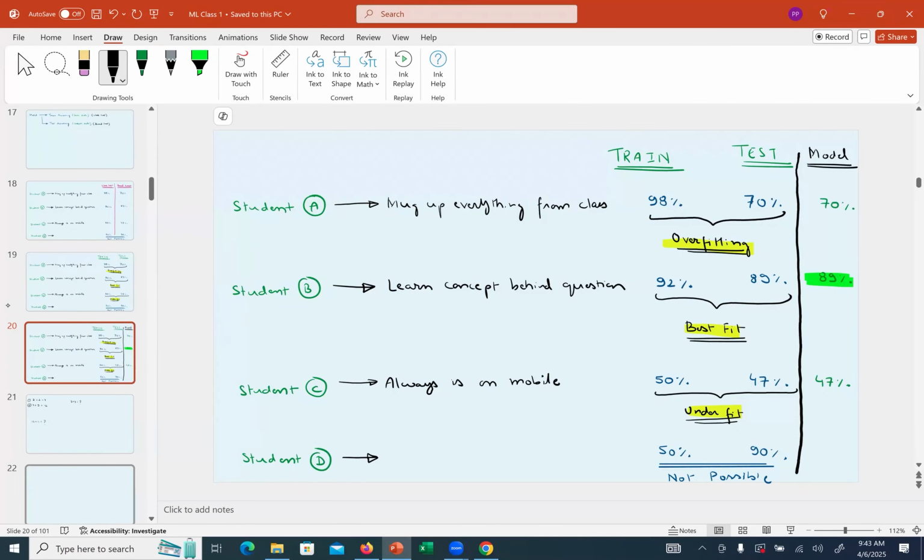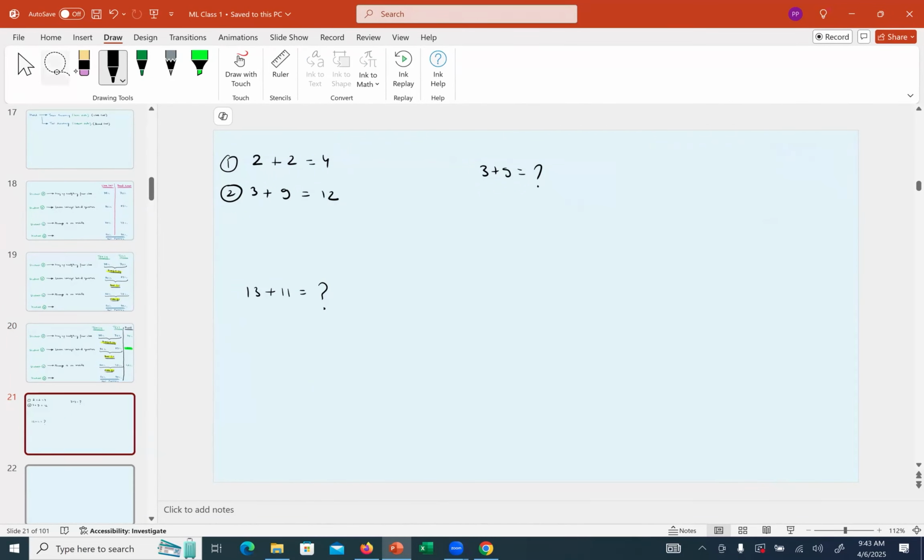Okay, now another question. Let's say I'm working on some model. You don't know what the data set is, you don't know what the problem statement is.